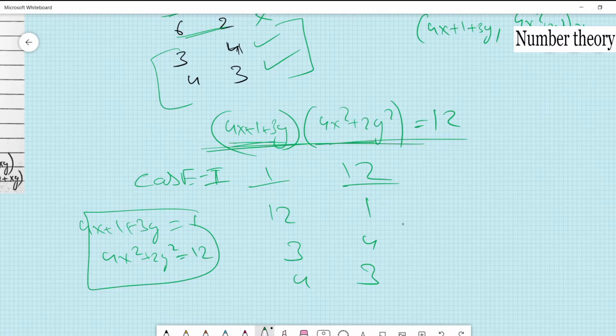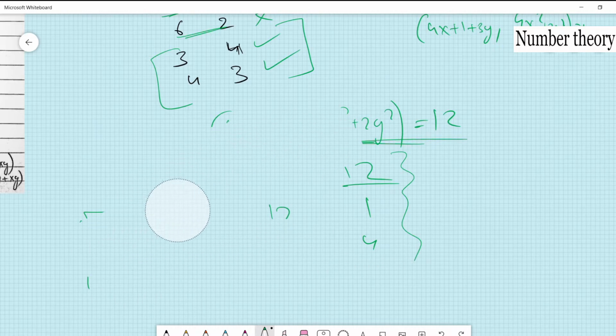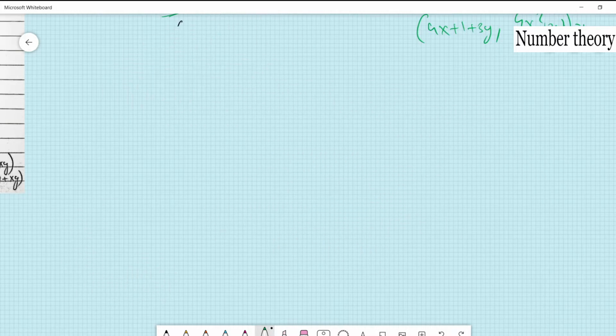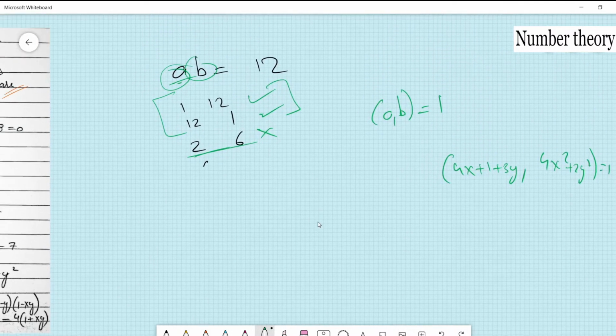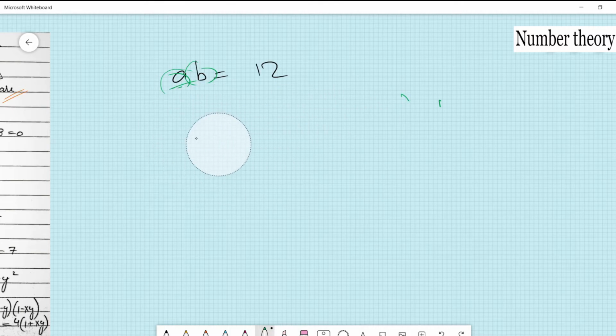Though still a little tough, at least we're getting rid of those 2 extra cases. Instead of 6 cases, we only have to deal with 4. I think now you get why knowing the GCD can be helpful. And this was the method of factorization.